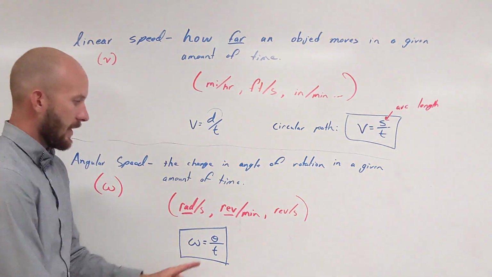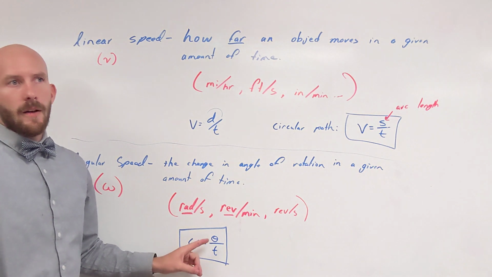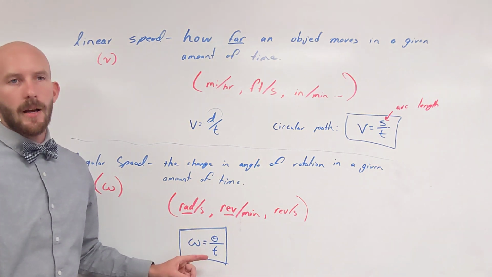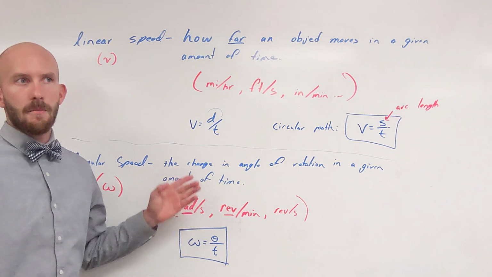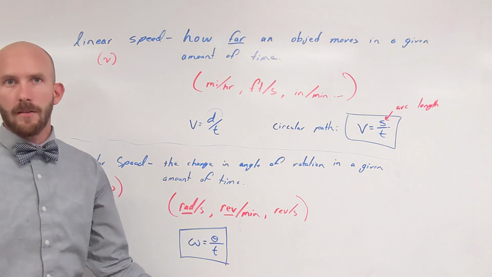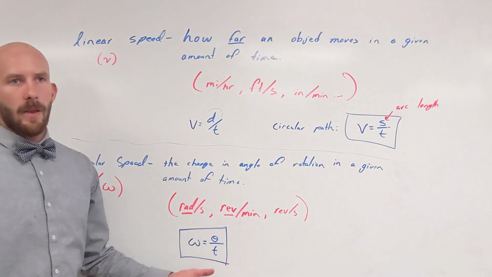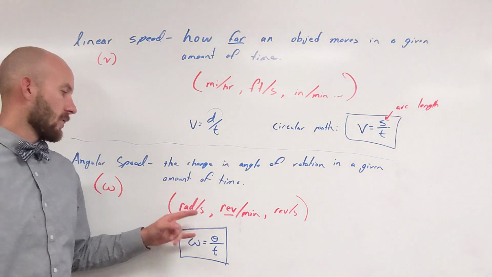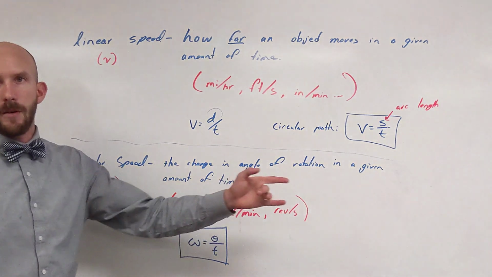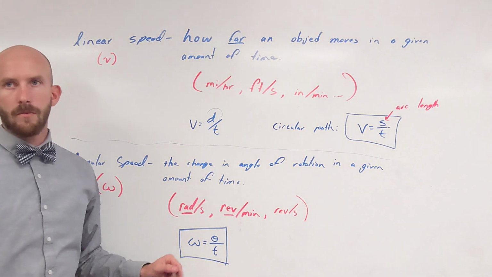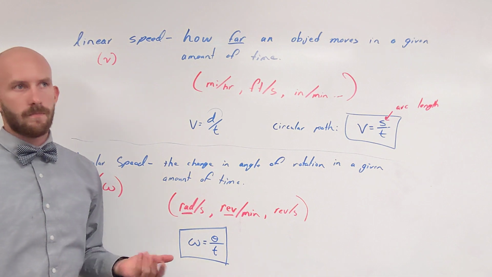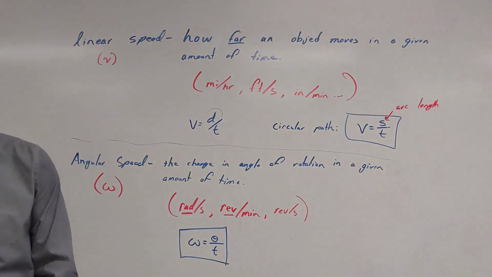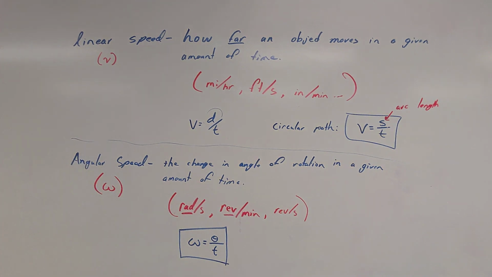So for example, if I put in 10 revolutions divided by 2 seconds, that'd be 5 revolutions per second, right? If I put in radians, then it's radians per second, right? The units here are just going to be the units of your answer. Now for some stuff we're going to look at later, that'll be a little bit different story.